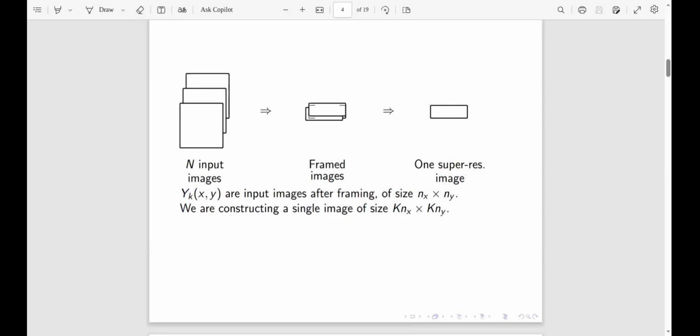And using these n images, we try to make one image but with smaller pixels, with finer resolution.